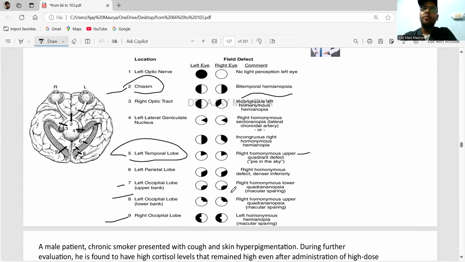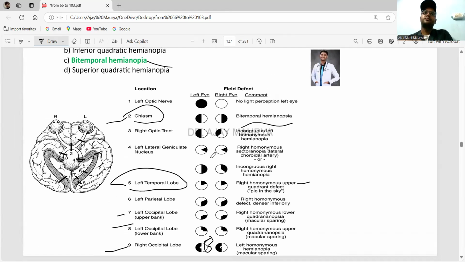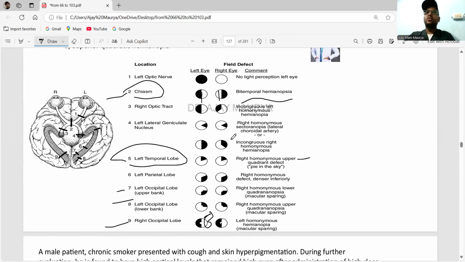Left homonymous hemianopia with macular sparing. What is macular sparing here? It is the sparing of the macula. So this is the bitemporal, both sides here, there is a hemianopia.